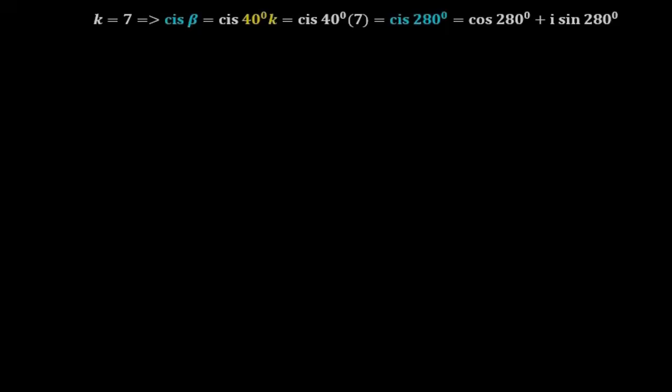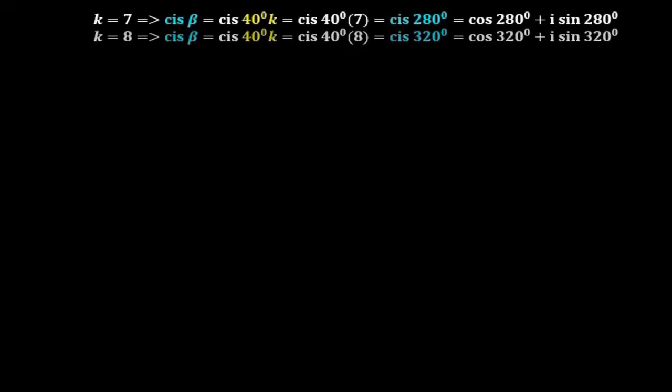When k equals 7, cis beta equals cis 40 degrees k, which is cis 40 degrees times 7, which is cis 280 degrees, that is cosine 280 degrees plus i sine 280 degrees. When k equals 8, cis beta equals cis 40 degrees times 8, which is cis 320 degrees, which is cosine 320 degrees plus i sine 320 degrees.